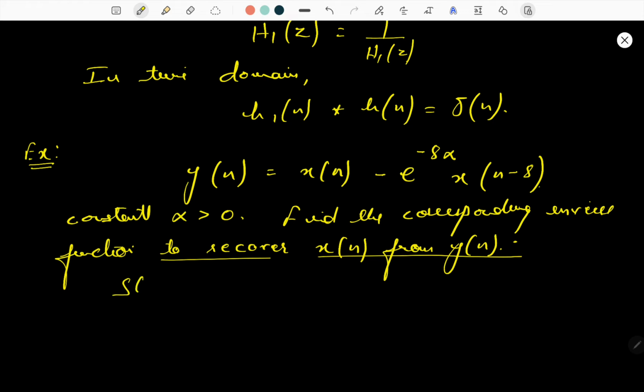And also check for stability and causality of the resulting inverse function. All right, so let's see this.